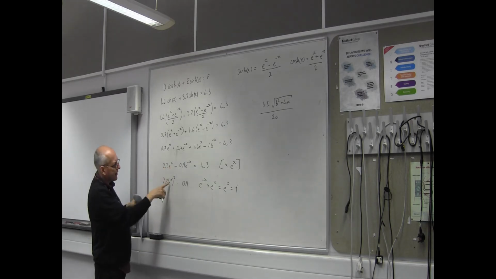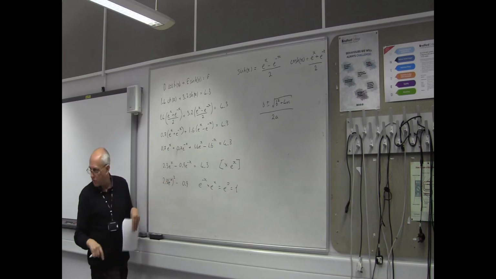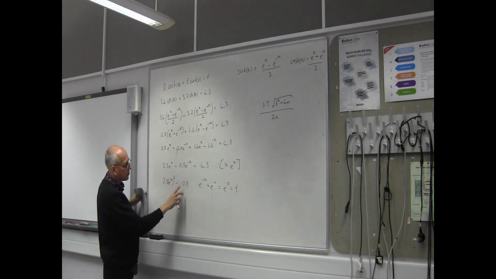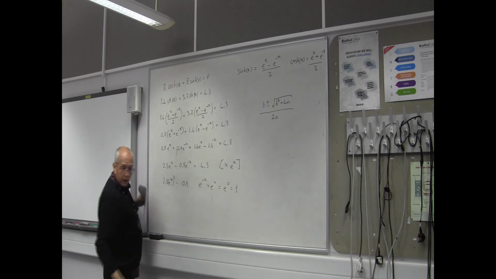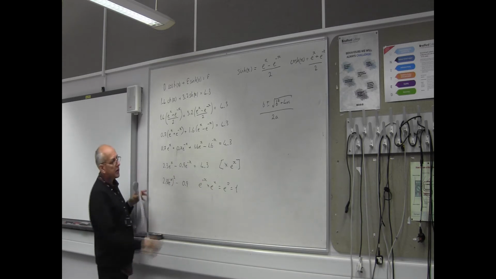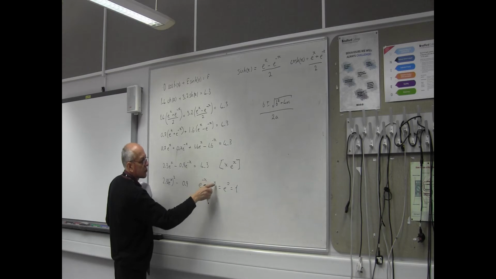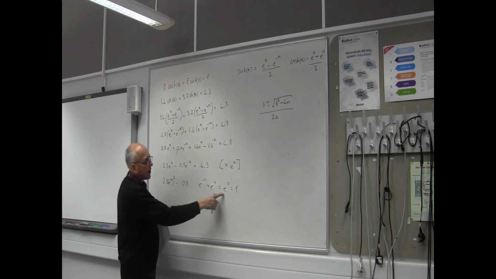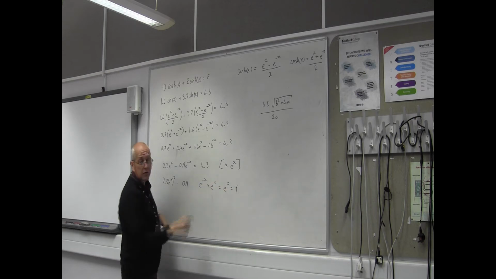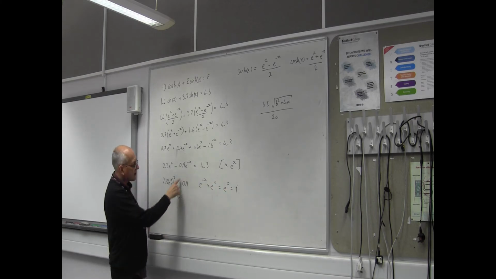There's various ways of writing that. I could bring the 2 down and so on, but that will do. That's probably the simplest, most straightforward. When I multiply this by e to the x, because you add together the powers, the indices, they cancel out. Minus x plus x gives you 0. So then I've got e to the 0, and anything to the power 0 is 1. So I end up with that term there.